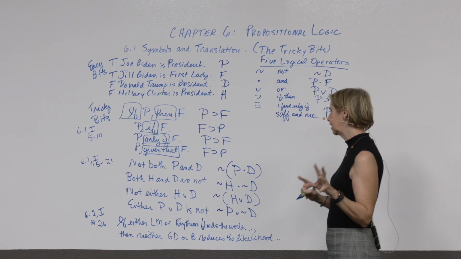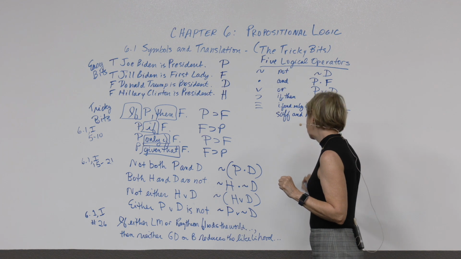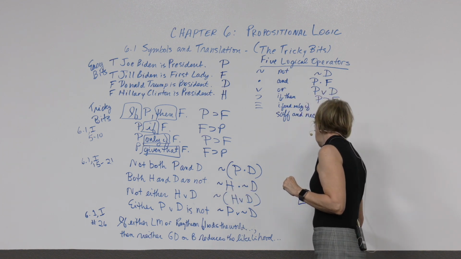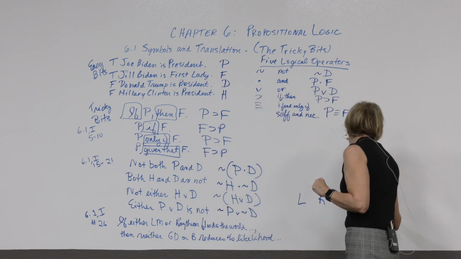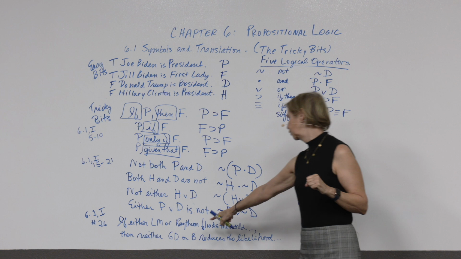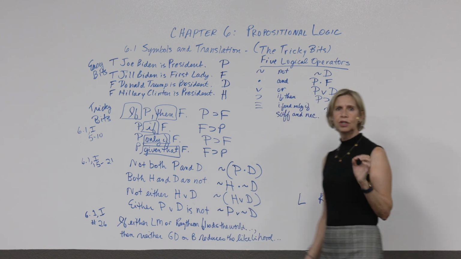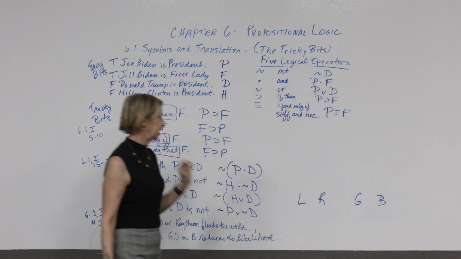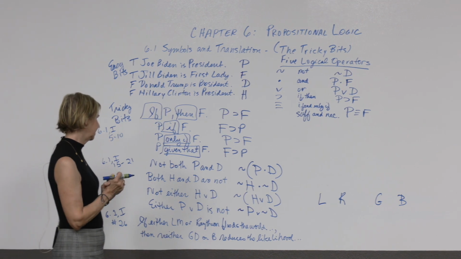All right, but let's put the letters in first. We're going to need a letter for Lockheed Martin floods the world. We're going to need a letter for Raytheon floods the world. We're going to need a letter for General Dynamics. And we're going to need a letter for Boeing reduces. Okay? So those are going to be your fundamental letters that stand for the fundamental statements that make up this long compound statement.